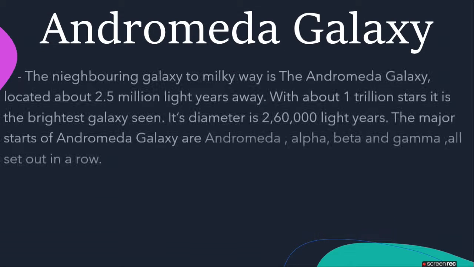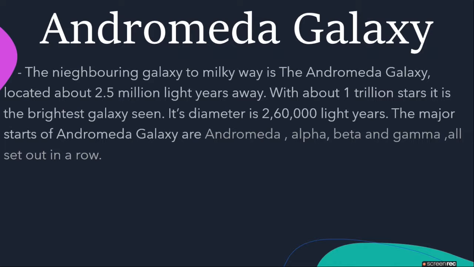Andromeda Galaxy. The neighboring galaxy to the Milky Way is the Andromeda Galaxy, located about 2.5 million light years away. With about 1 trillion stars, it is the brightest galaxy seen. Its diameter is 260,000 light years.